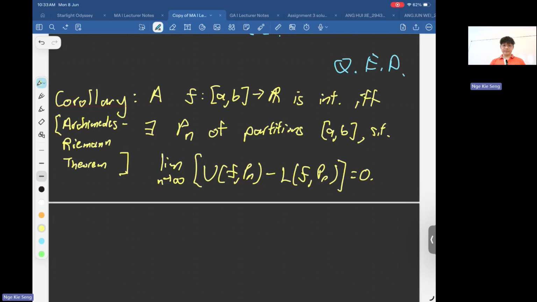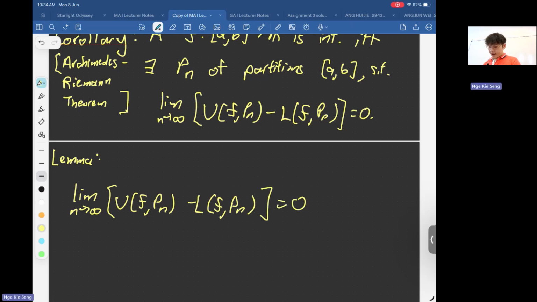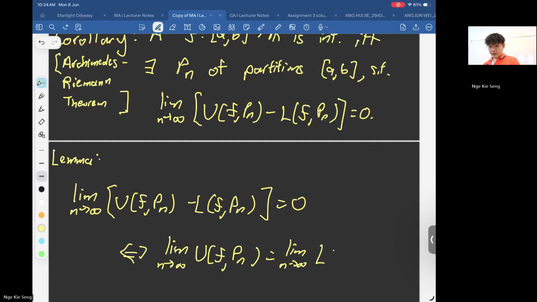So let me see. This thing will come in handy, whereby we also have this lemma. If you have the above property, UFPn minus LFPn equals 0, actually you can show that this implies that the limit of UFPn has to equal the limit of LFPn.